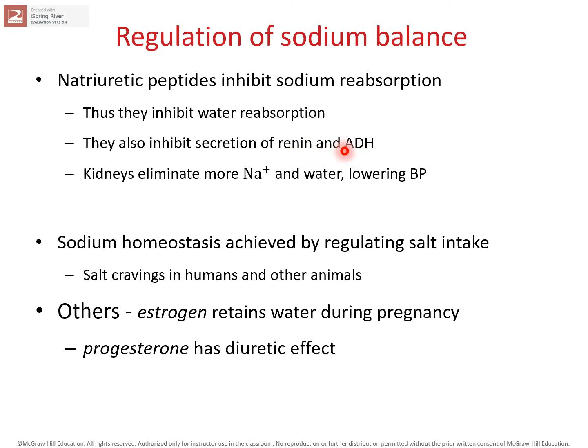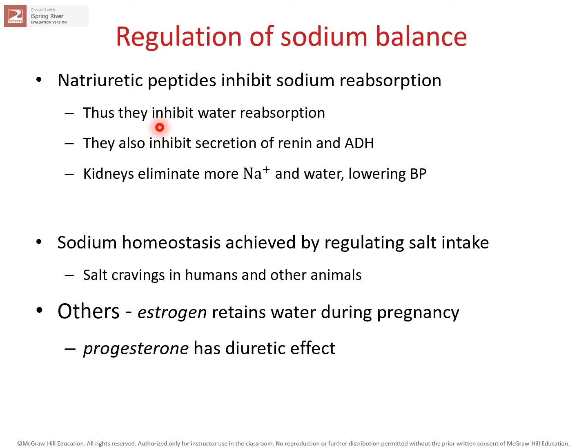When this happens, we prevent reabsorption of sodium in the kidney and we lose more water. When we lose more water, the BP, or blood pressure, gets lowered, and this protects the heart. Now, this doesn't normally happen all the time.